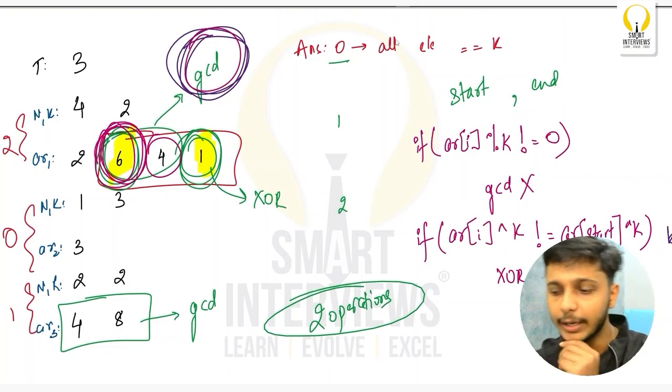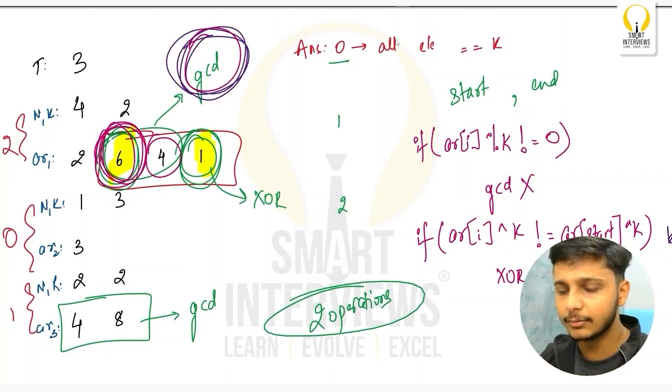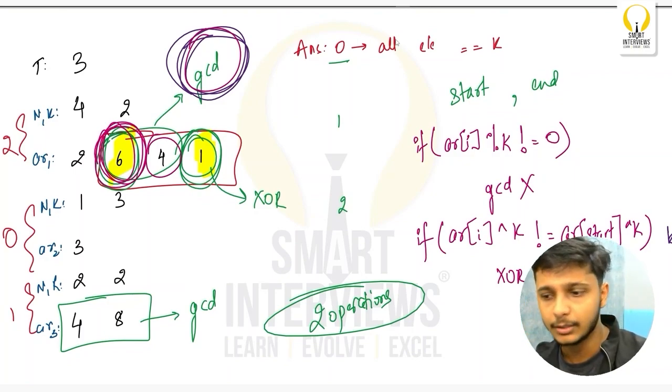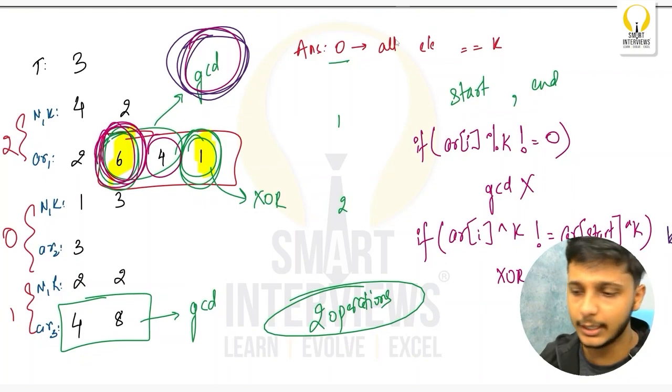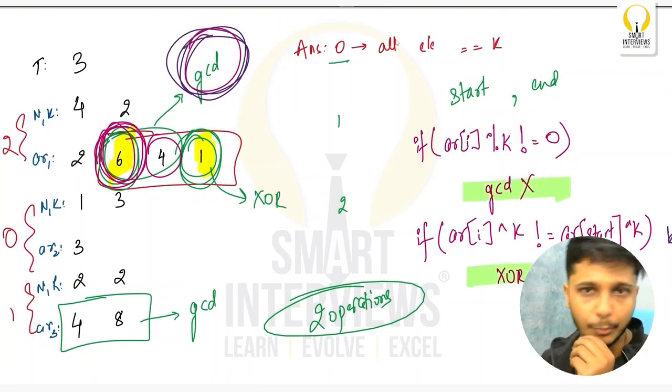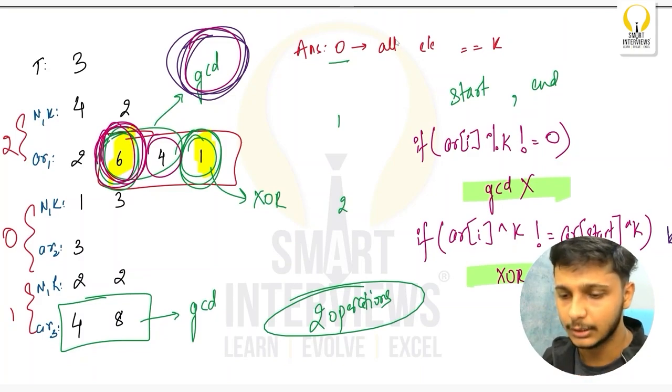Understood? So I cannot apply XOR, as in I need GCD as well here. Fine. So we need both of the operations in such a case. So we need GCD and we need XOR, both of them to solve the problem.